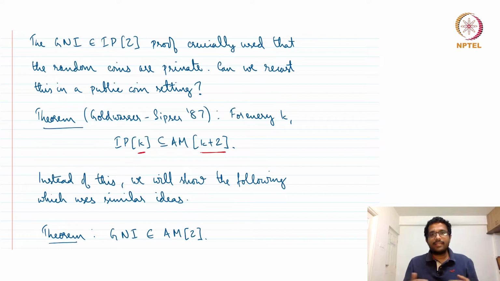At first this seems kind of impossible, because in graph non-isomorphism, keeping the random coins private was essential. Now how is it possible to convert it into a public coin protocol where the verifier has to send across the randomness?